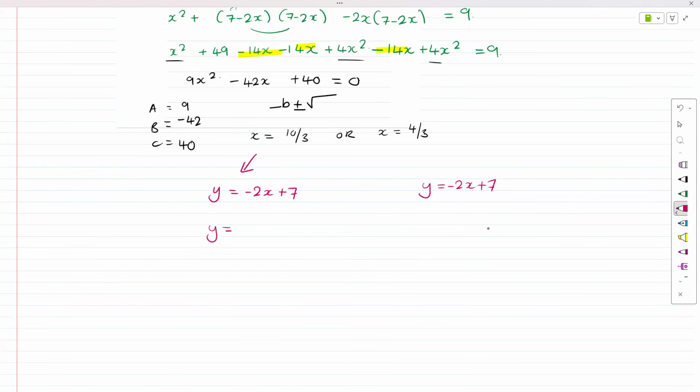And when you substitute here, y equals to minus 2 times 10 over 3 plus 7. Oh, wait, that's nonsense. 4 over 3 plus 7. And your answer should be y equals to 1 over 3 and y equals 13 over 3.